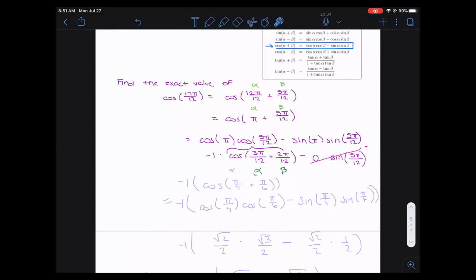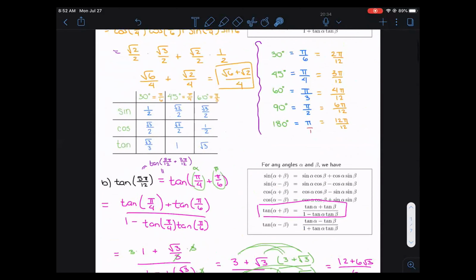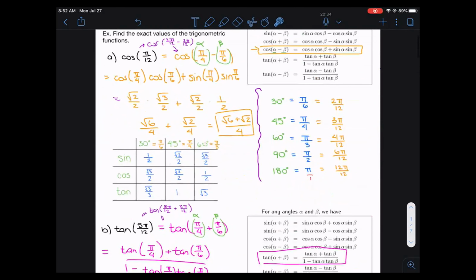It can also be subtraction, like the example we did last time: 3 pi over 12 minus 2 pi over 12, that's a subtraction to get pi over 12. So you can also subtract.